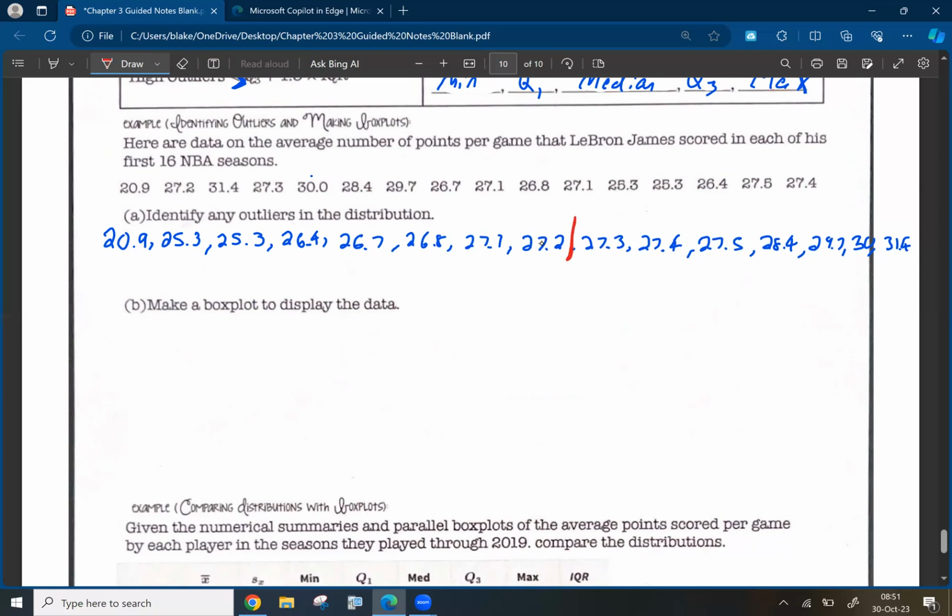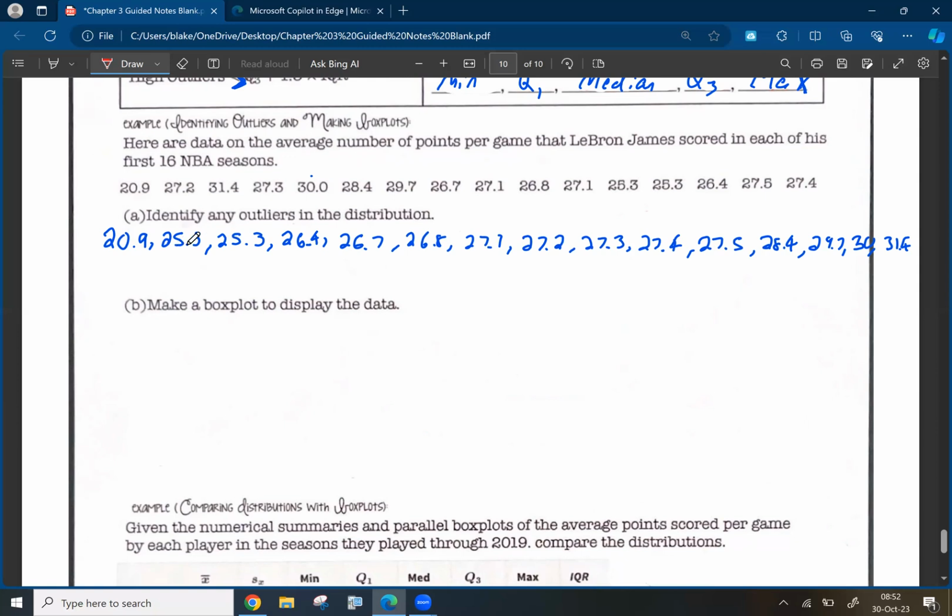No, wait, did I miscount that? Let me count that one more time. 1, 2, 3, 4, 5, 6, 7, 8, nine, 10, 11, 12, 13, 14, 15.